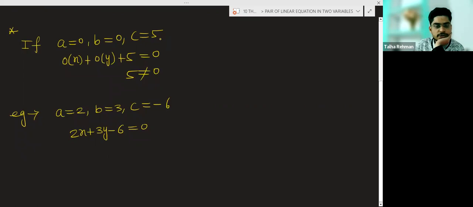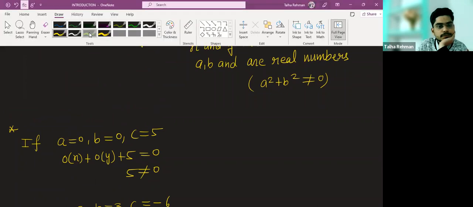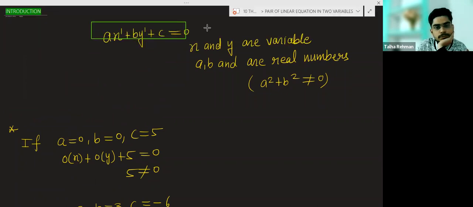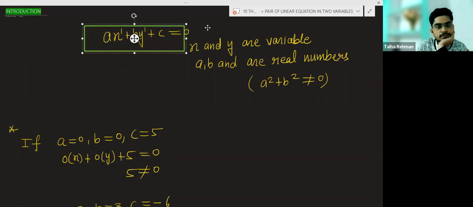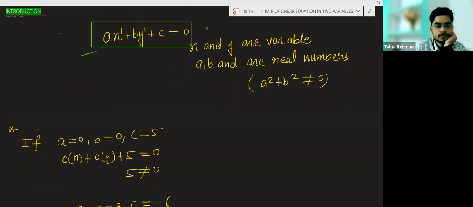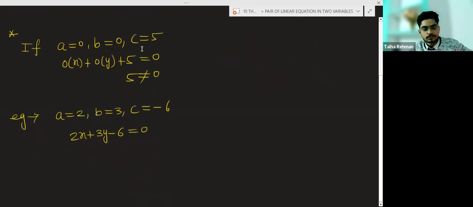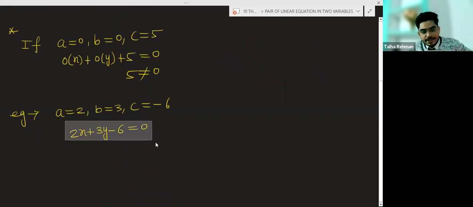Now this is a linear equation in two variables. Two variables are there, x and y, and this is also linear because the power is 1.